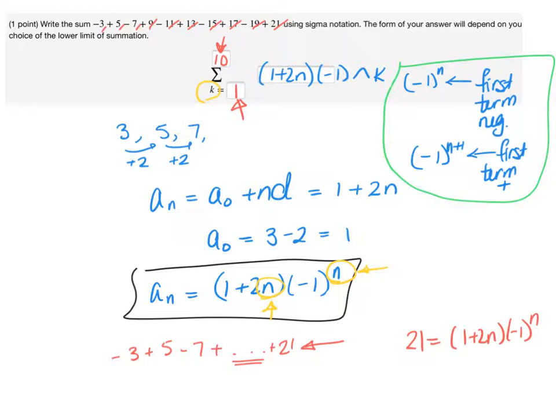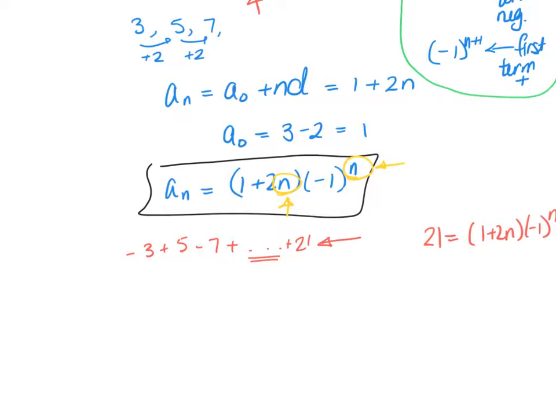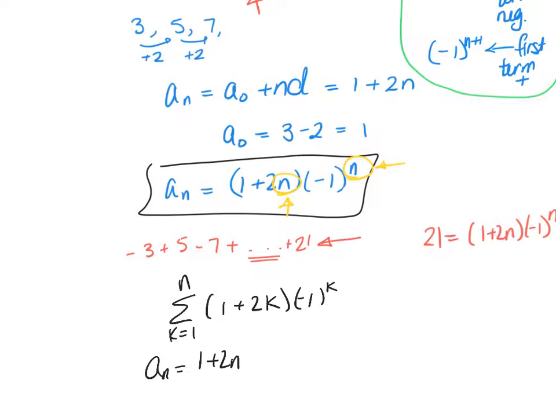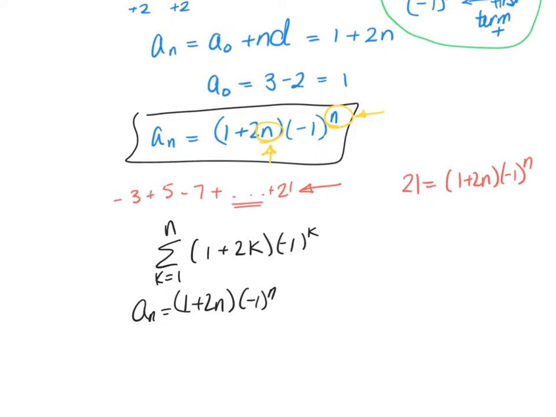So the difference between this, the summation of k equals 1 to n of (1 plus 2k)(-1) raised to the k, and a sub n equal to (1 plus 2n)(-1) to the n, is that this is equal to, I'm going to take all of my terms and start adding them.